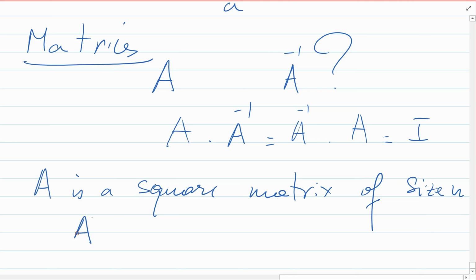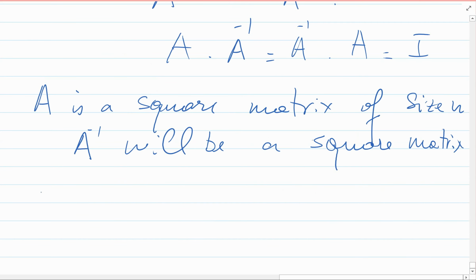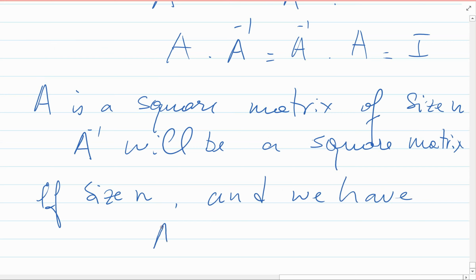So A inverse will be a square matrix of size n, okay, and now we can be a little bit more precise: A times A inverse equals A inverse times A equals In.